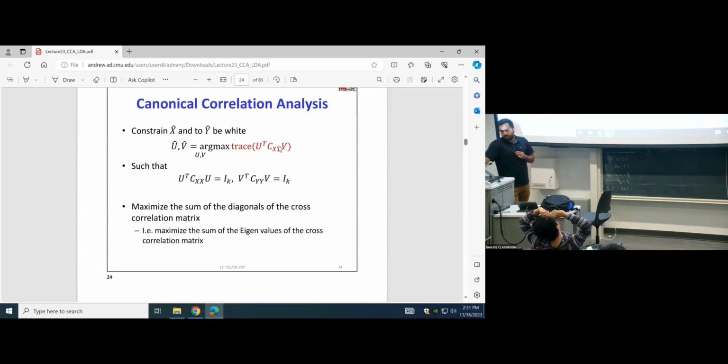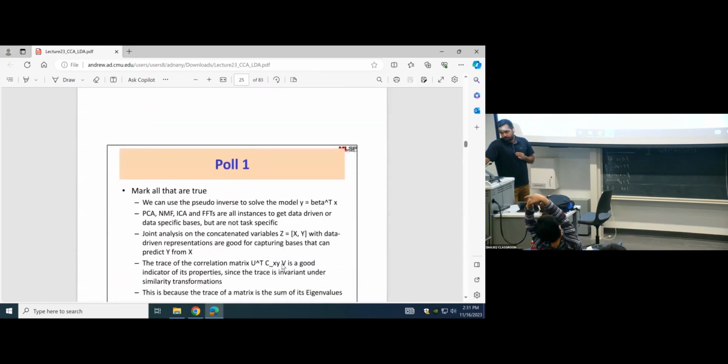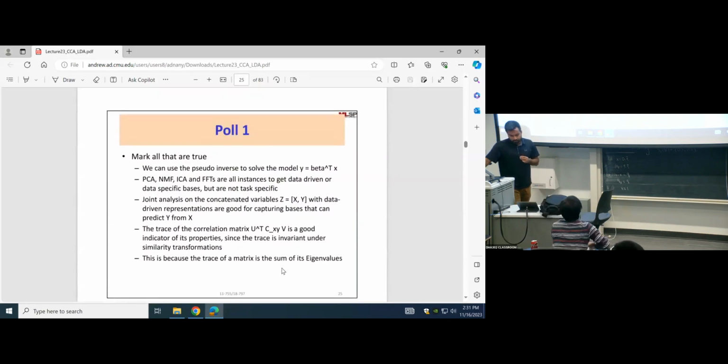Because we're dealing with C_XY, if we maximize the diagonal, then we'll automatically get the eigenvalue solution. So here's poll 1. That's why I just maximize the trace. The last one is correct, by the way. It's ambiguous.